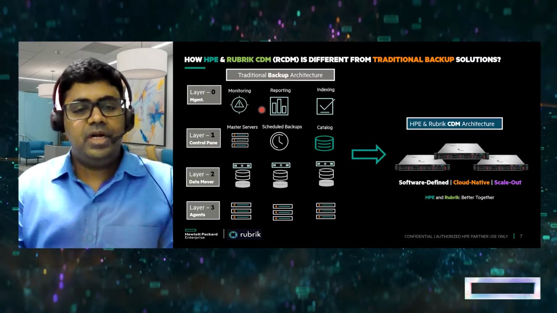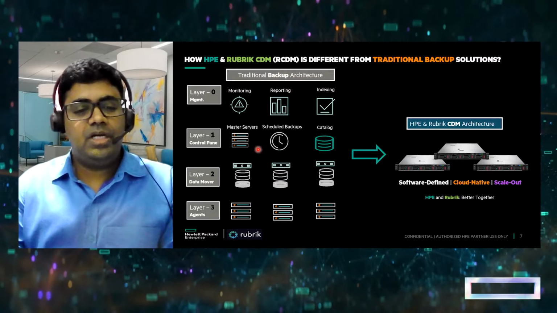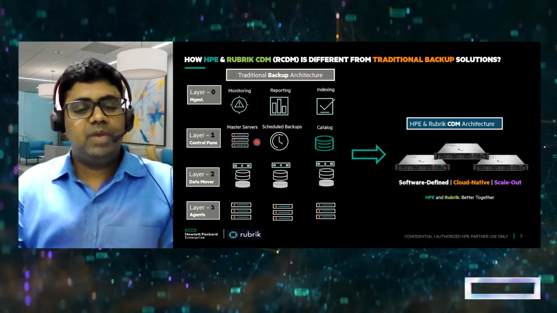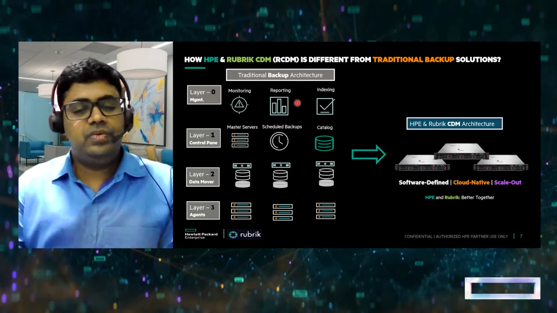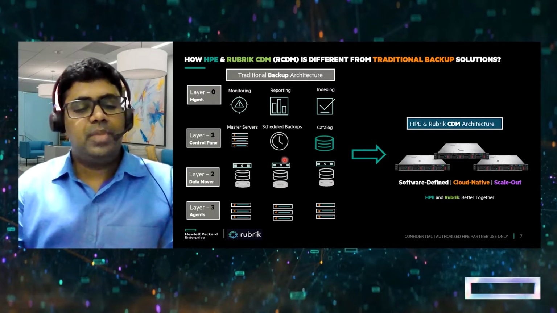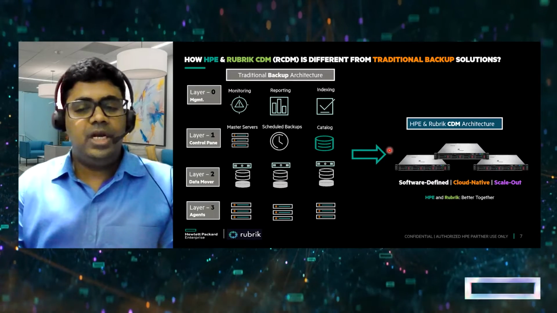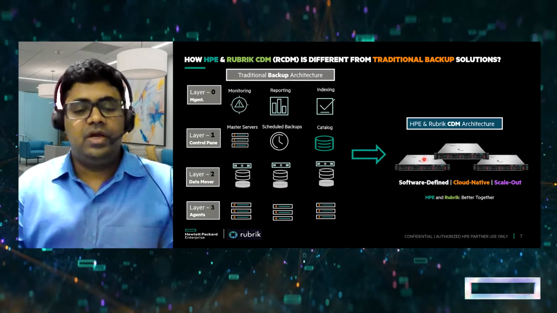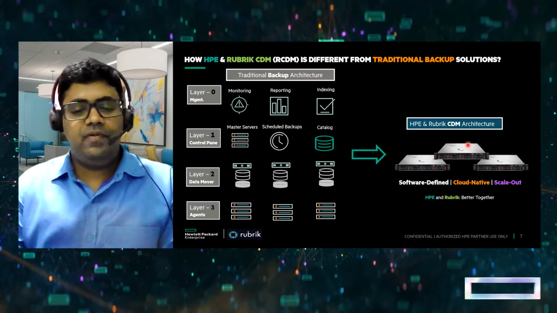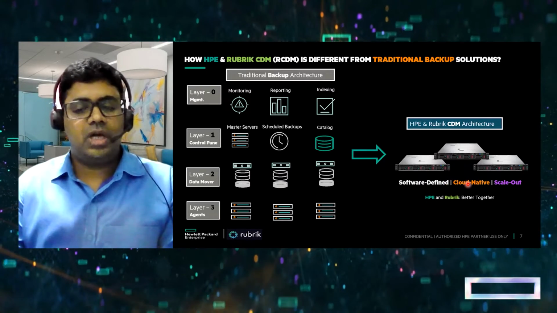So when we compare traditional backup architecture, there are multiple layers. All the media servers, backup servers, and the separate individual silo components are completely removed and eliminated within the CDM architecture. It's also completely simplified, software defined, and cloud native.